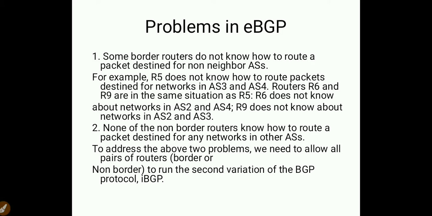Only the border router can facilitate inter-domain routing. If any node connected to a router that is not a border router wants to communicate with another autonomous system, what do you have to do? These are the 2 problems in external BGP. So we need to incorporate the intra-domain protocol here to facilitate efficient communication between any 2 autonomous systems from any node in your network through any routers.